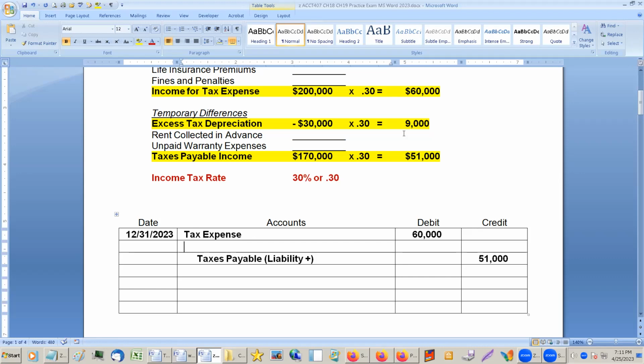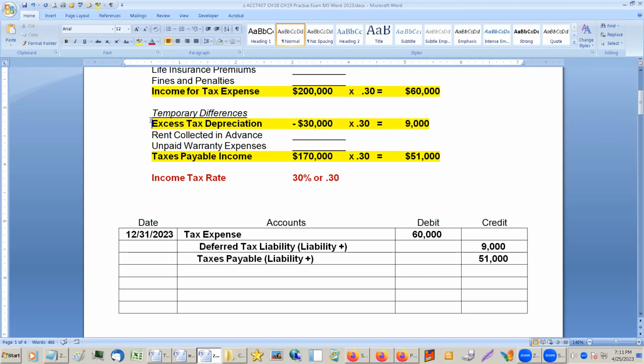Liability. Yep. Yeah, we got out of paying $9,000 this year, but this is going to reverse out.